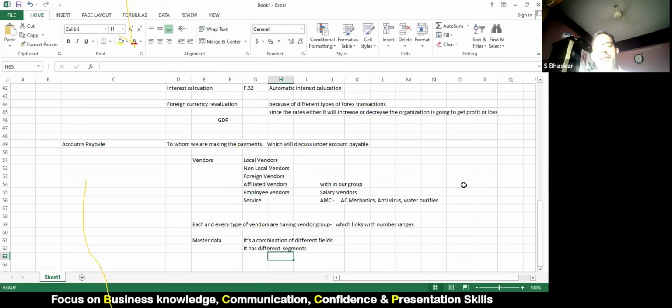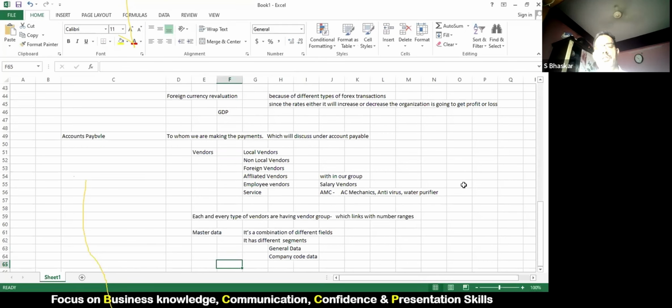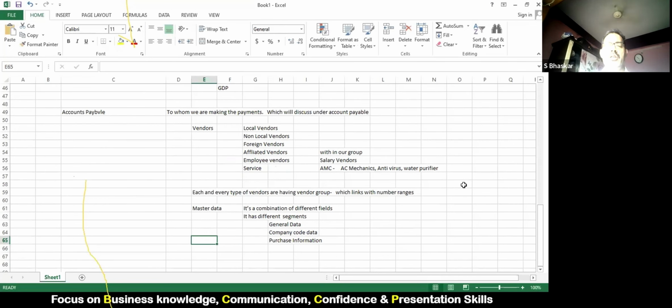What is meant by the segment? General data, then company code data, then purchase information. General data is nothing but your addresses.